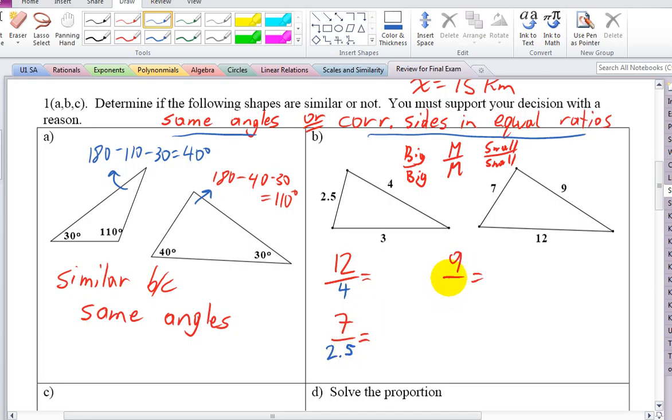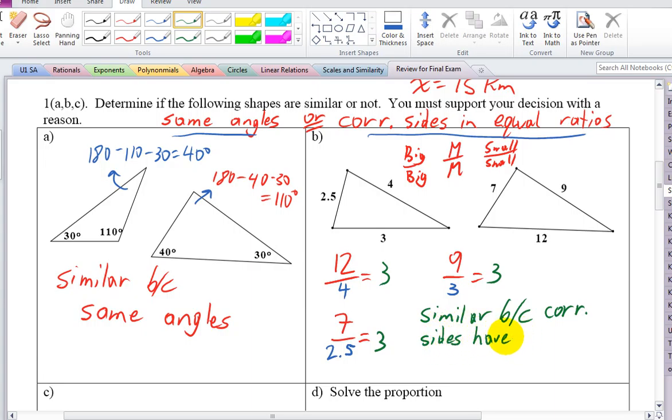And 9 should be over 3. And so when you divide them, they all give the same ratio. So we can say they are similar because corresponding sides have equal ratios.